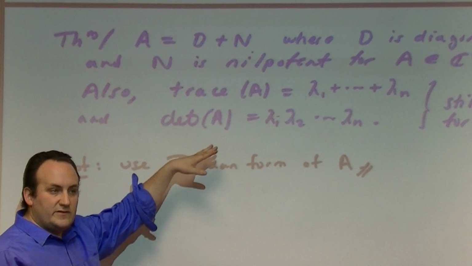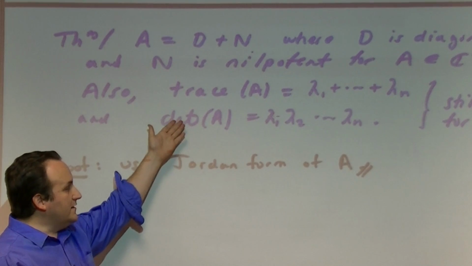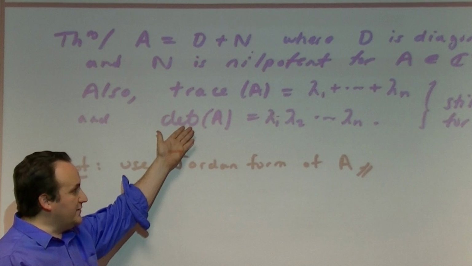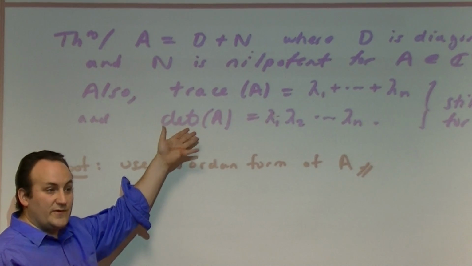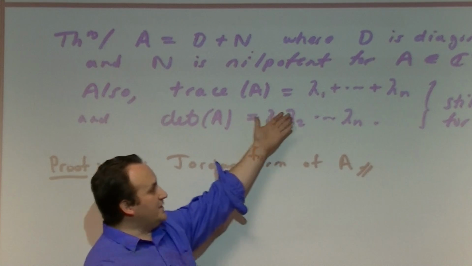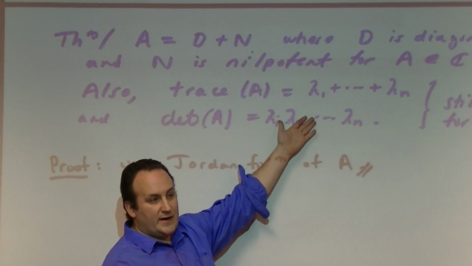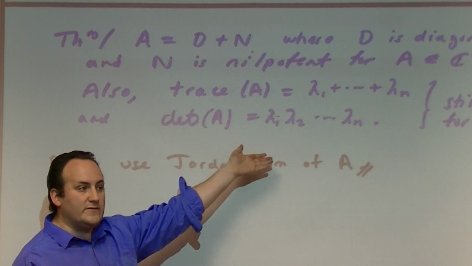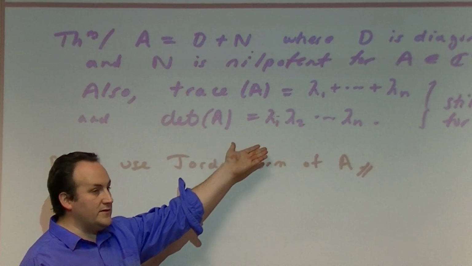So whatever the trace and the determinant of the Jordan form corresponding to A are, those are the trace and determinant of A, respectively. So it's obvious that the trace of the Jordan form is the sum of the eigenvalues, and the determinant of the Jordan form is the product of the eigenvalues.